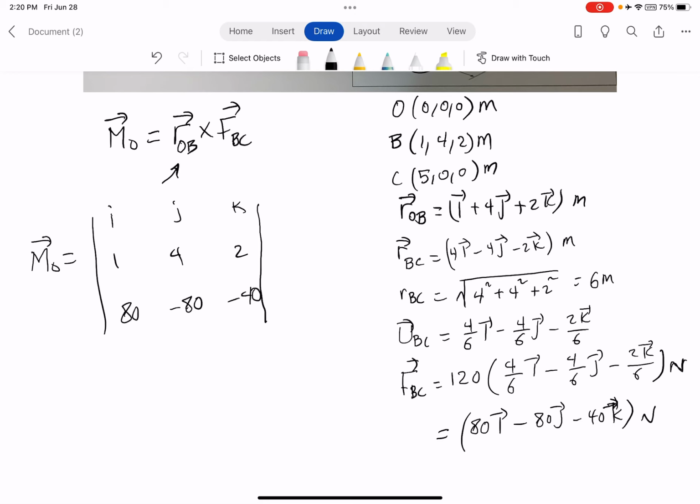If you plug it in, you could find that the moment about point O, of course you're going to have nothing in the I, 200J minus 400K.